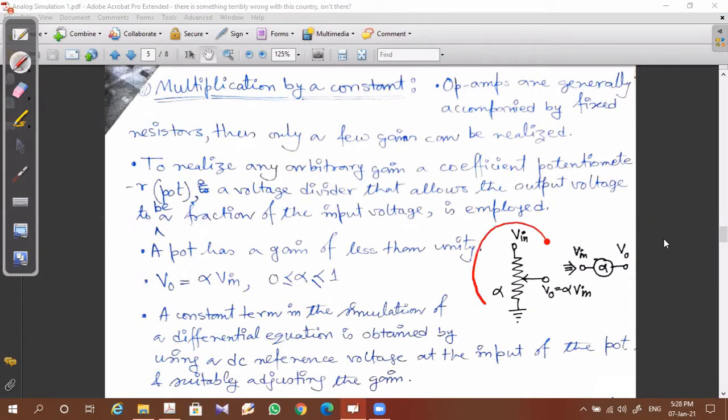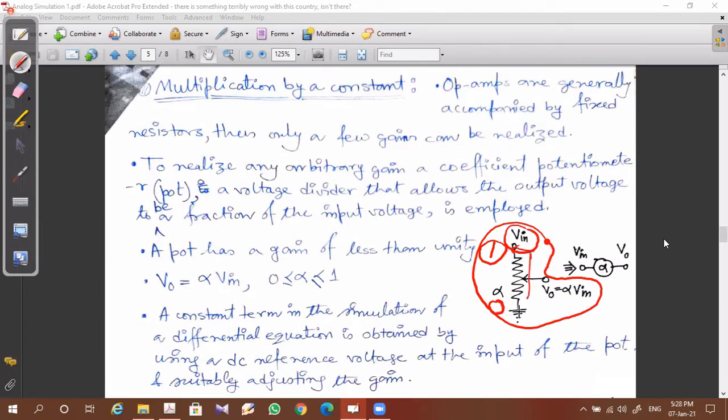gain, constant gain terms. These are obtained by a potential divider, or you can say pot, where we're giving input voltage, and this has effective value 0 to 1. That is this alpha value. It varies between 0 to 1. If it is 1, that means at the output, you are getting the entire voltage drop.